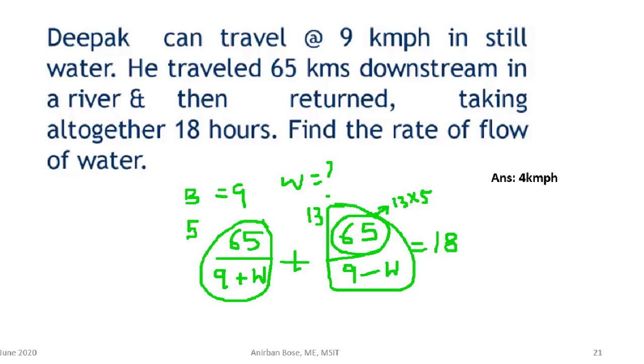Then this 13 plus 5 will be 18. Somehow we are trying to match so that it will become 18. So if the whole thing is 13 and numerator is 65, so definitely 9 minus W will be 5. So if you know 9 minus W is 5, then what will be W? W will be 4. So the problem is solved.